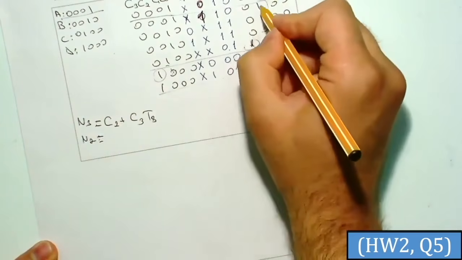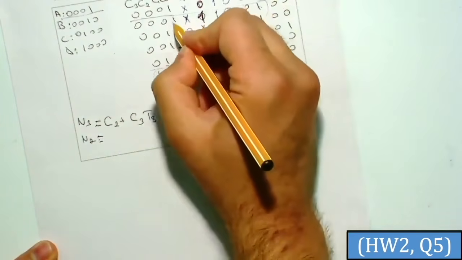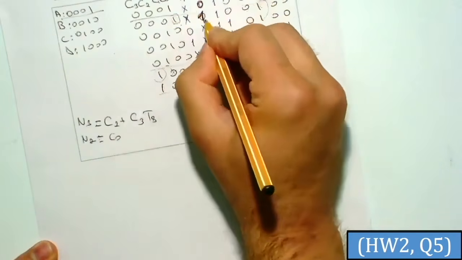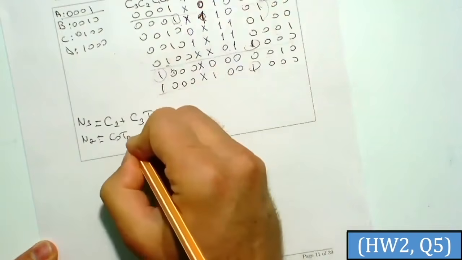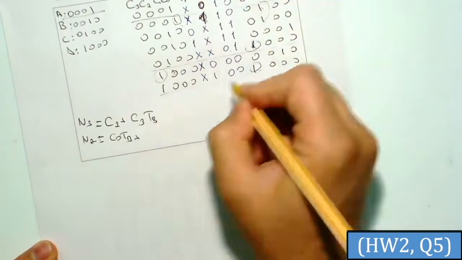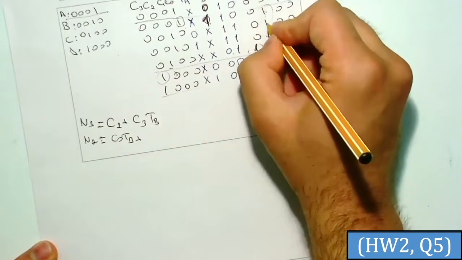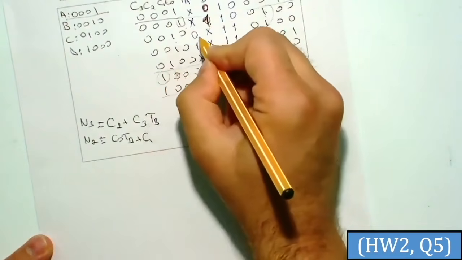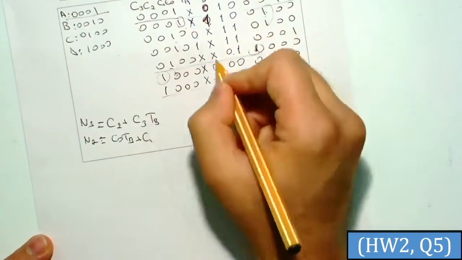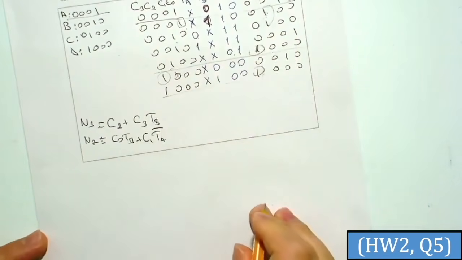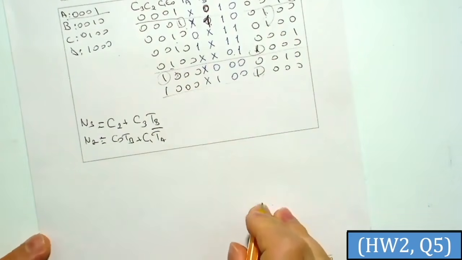When N2 is 1, here I have C0, 1, and also TB as 1. Right? Yeah, that's correct. And again for N2 is 1, C1 is 1, and also TA is 0. So TA not. Let me check it again. Yeah, okay.